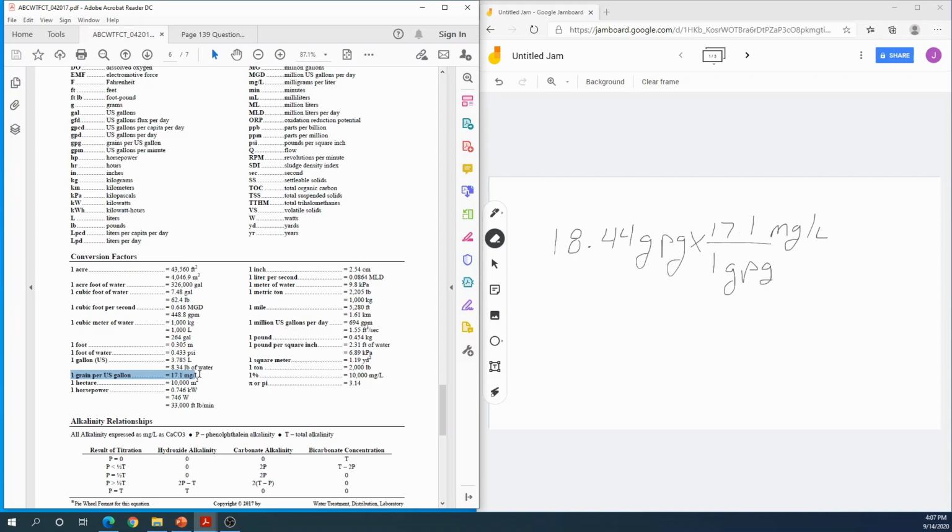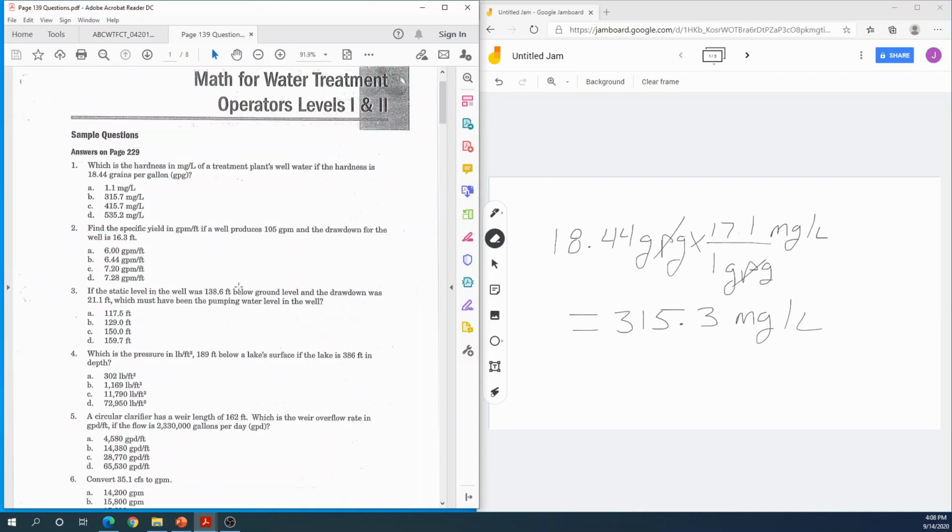Grains per gallon is going to cancel, and we get 18.44 times 17.1. This is going to equal 315.3 milligrams per liter.